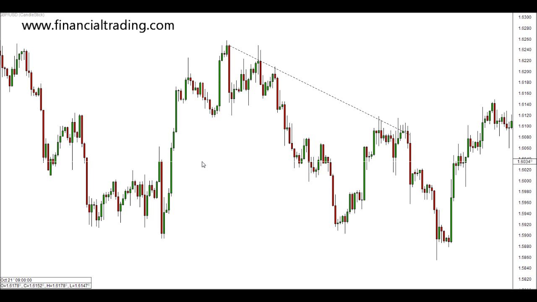If we were to do the same with our pullbacks, so here's the end of one pullback and here's the end of another, so they've been connected. You'll see our support and resistance creates this triangular shape and is held strongly. We have rejections of the resistance here, rejections of the support here.